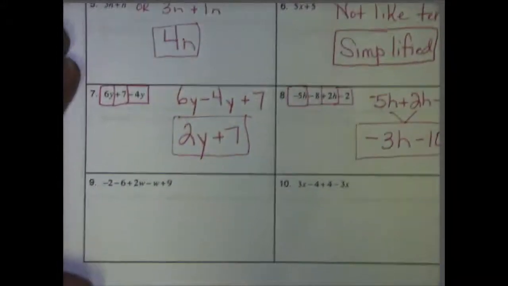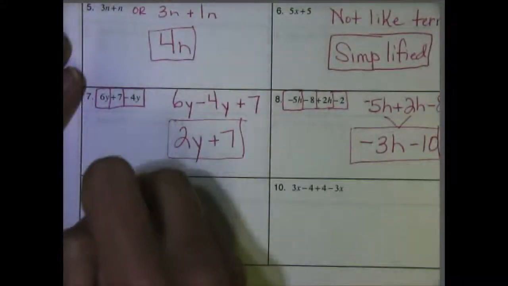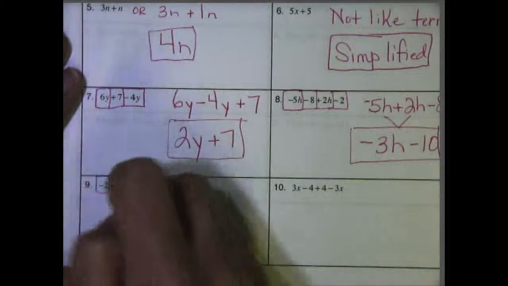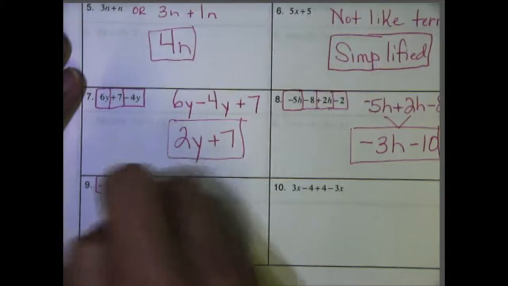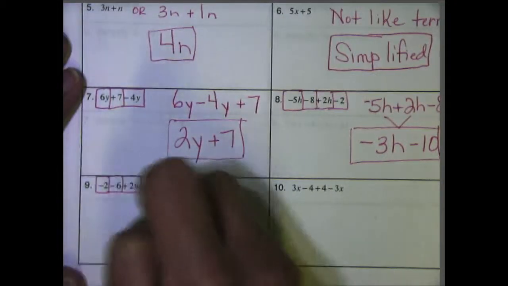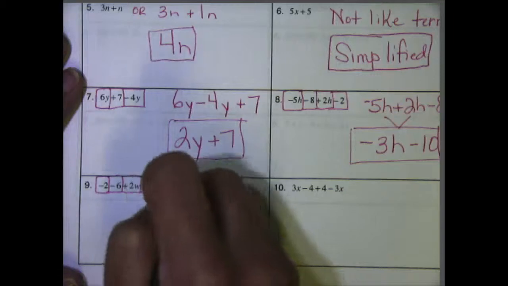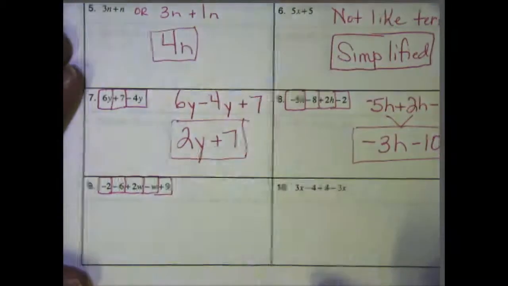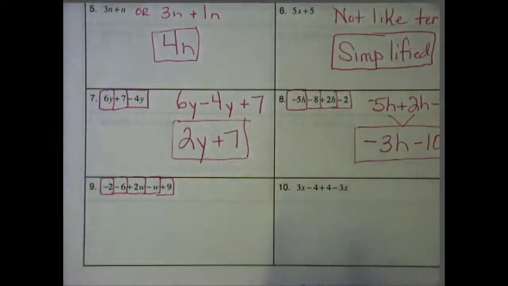Let's look at number 9. On number 9, we want to group or box in our terms first. So we'll box all of our terms. And once we've boxed our terms, then we need to group our like terms. I generally do the variables first because when you get to algebra, it will be helpful for you to be able to make sure that you get your variable terms first.